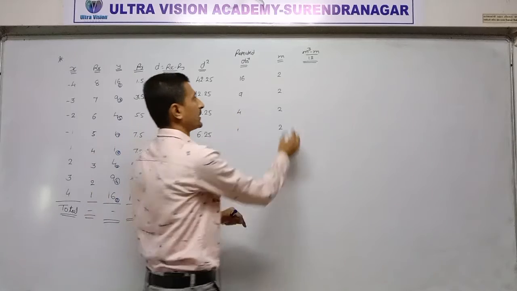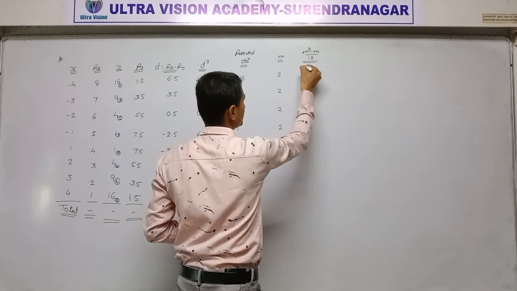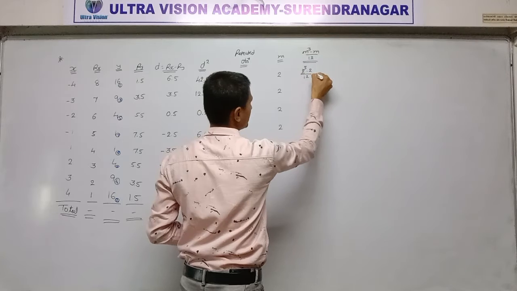All values putting in formula, so 2 cube minus 2 by 12, answer is 0.5.